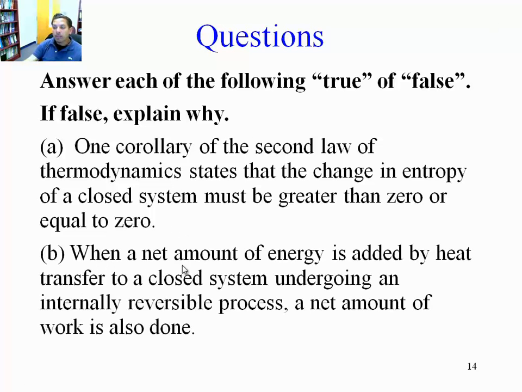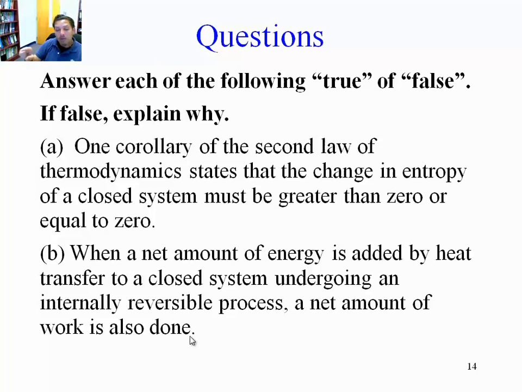The statement, when a net amount of energy is added by heat transfer to a closed system undergoing an internally reversible process, a net amount of work is also done. That is not true either. We can have energy going in the form of heat to a system in an internally reversible process, and there might not be any work because the system doesn't change volume. Now, heat and work are related through the first law of thermodynamics through the change of energy.